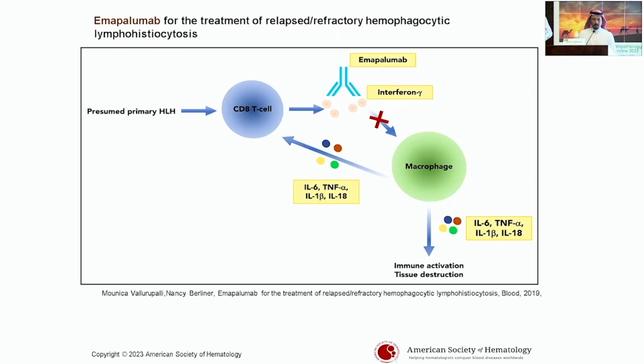Here you can see how this monoclonal antibody targets interferon to cut the process of activating macrophages, so that it will limit the activity of macrophages.